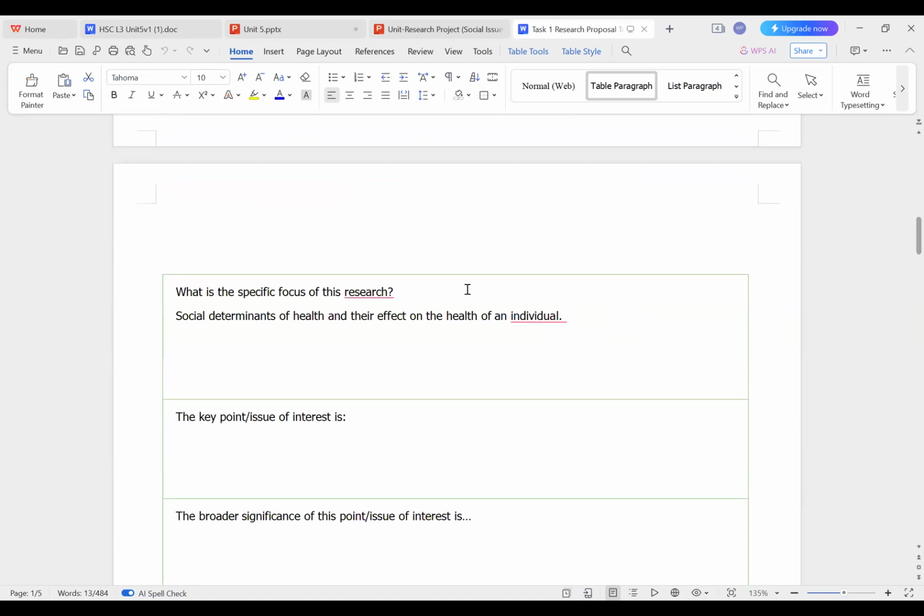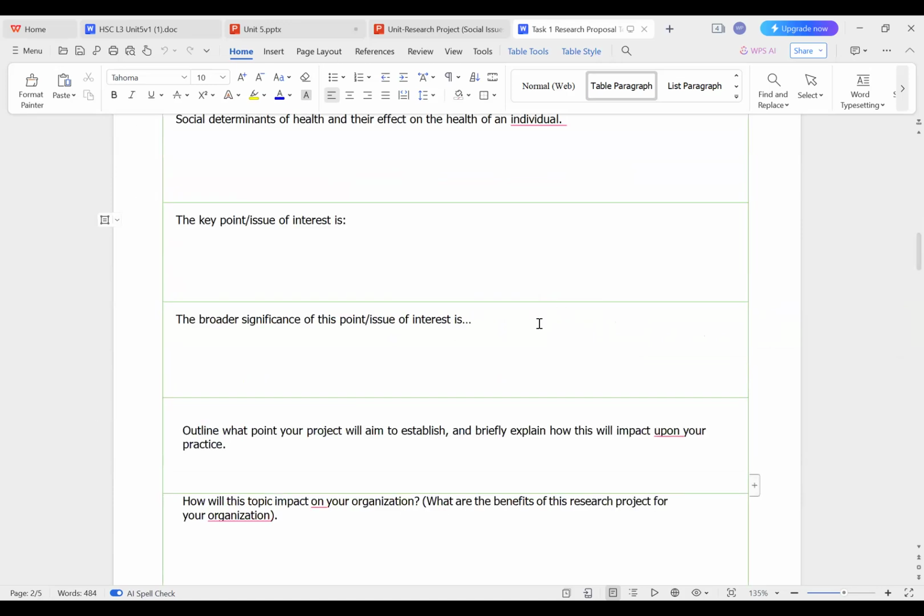What is the specific focus of your research? The key points or issue of interest, broader significance of this point or issue of interest, outline what point your project will aim to establish, and briefly explain how this will impact upon your practice. So this is showing how it reflects within your practice.